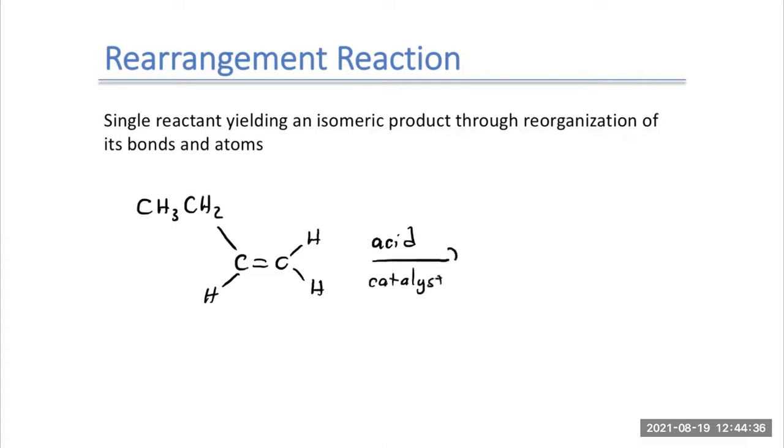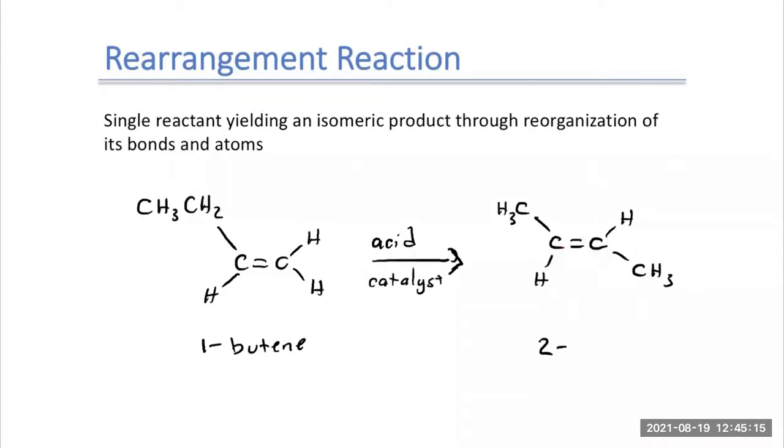We don't really care about which type of catalyst, just as long as it's an acid catalyst for the moment. What will happen is the atoms and that double bond will rearrange. So it'll go from the 1 position to the 2 position. So we end up going from 1-butene, where that double bond is going between carbon 1 and carbon 2, to where that double bond's going between carbon 2 and carbon 3. So we end up with 2-butene.